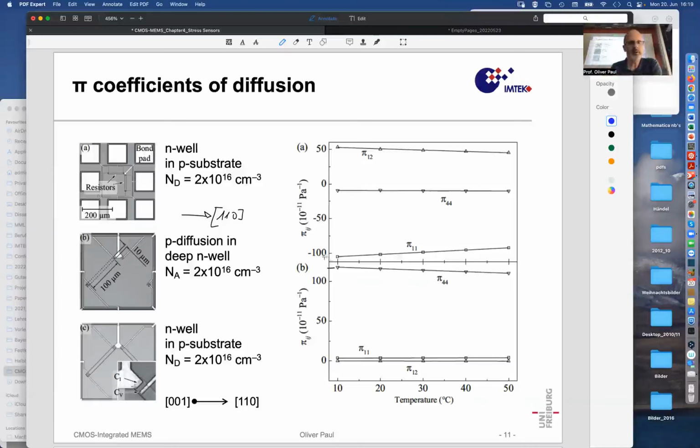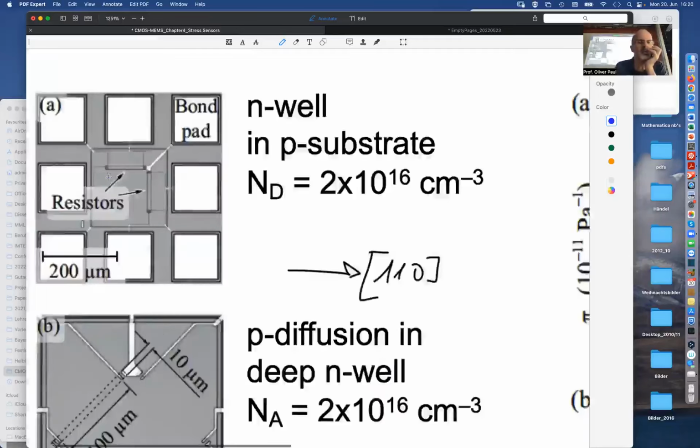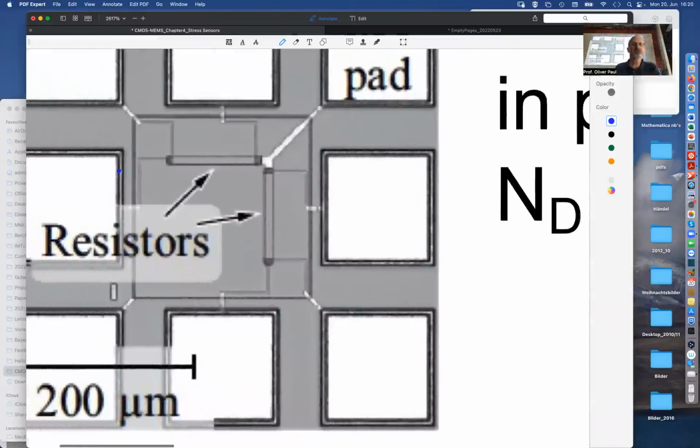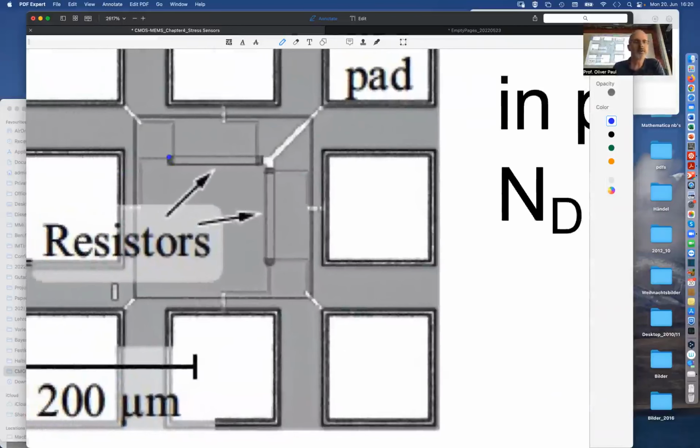And so I think I showed you this graph where in the top graph you see the case for N material. So this is N well values, and this N well, if you look at this graph here, you see these structures, these lengths. Well, let me zoom in. So here are some resistors, test resistors.